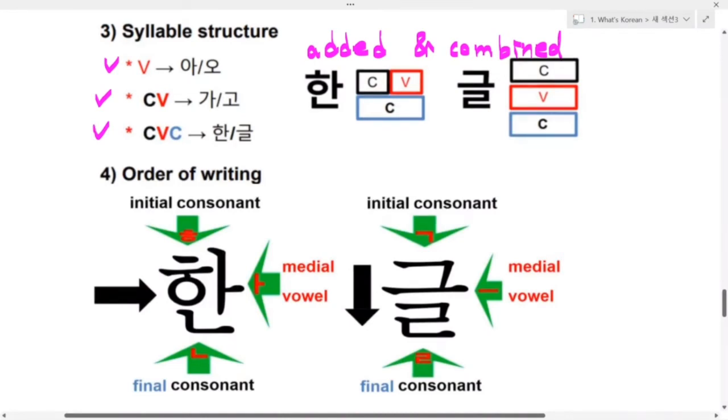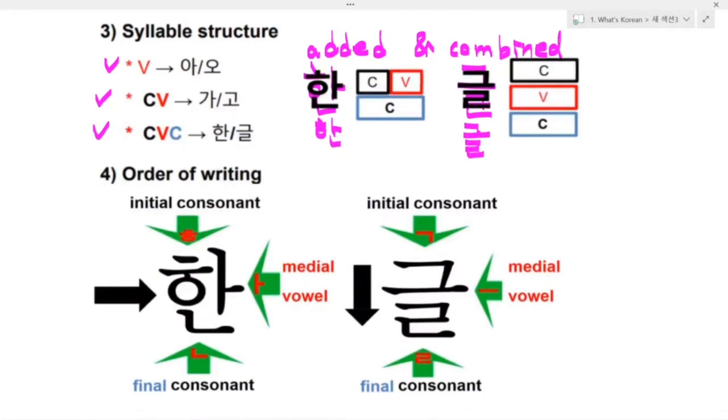At this time, we don't spell out Hangeul, but we combine and write it. Hangeul. Again, Hangeul. Okay.